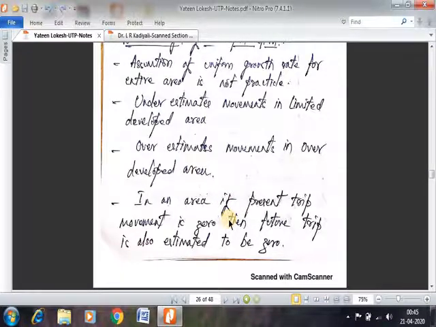On the other hand, if you take a circumstance where there are no trips getting generated from one particular zone, and you try to do the trip distribution, it estimates to be 0 in future as well.